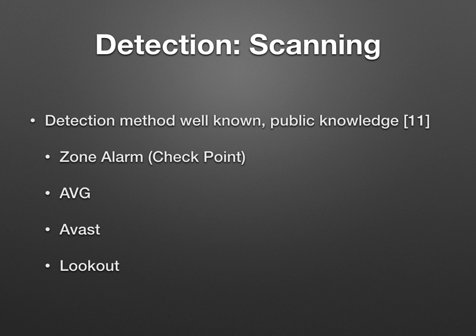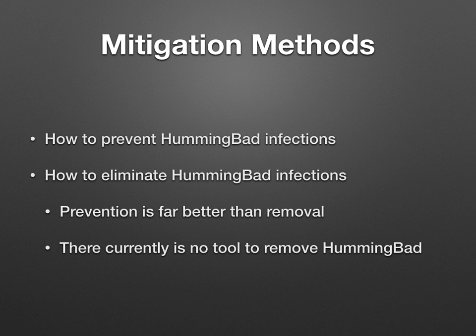Lookout is also another good one. They may not be as well known, but Lookout are the ones who claim to have discovered She-Done last year and the variant BrainTest. So those will tell you what you have and if it's there. And it's going to be by far better to prevent than to remove.